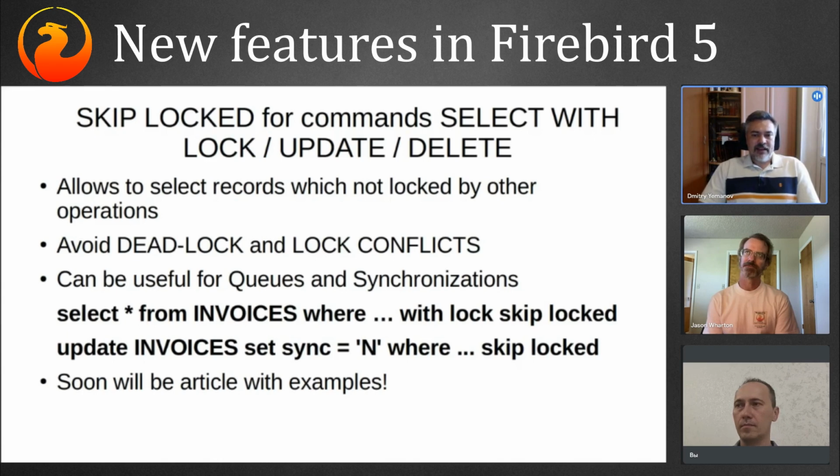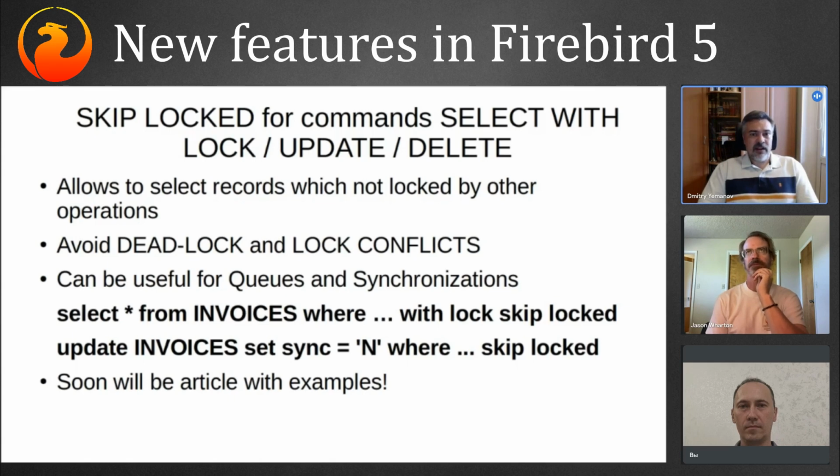When you have a table with, for example, some queued tasks, orders, or something like that, and you need to process them not one by one, but concurrently from multiple threads, multiple connections, you just use select with lock or update with skip lock clause. So you will fetch from the queue only the records that you can process now, not the ones that are currently being processed by someone else.